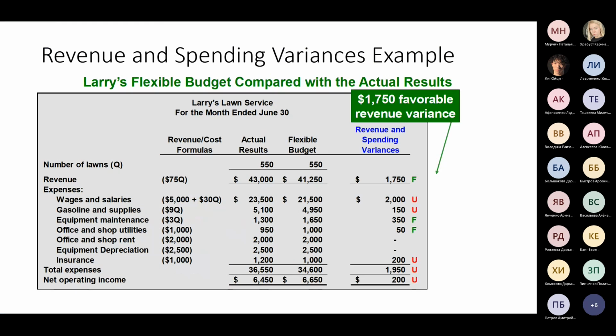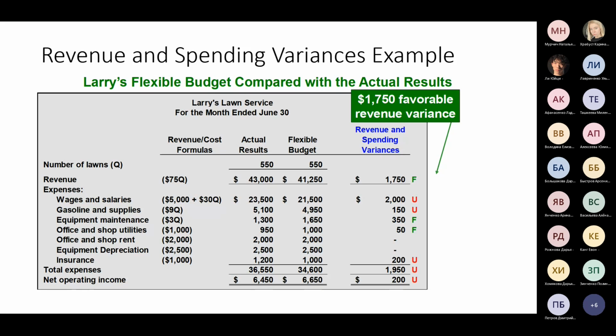And finally, our flexible budget variances are shown here and can be analyzed in comparison with the actual and budgeted levels of activity. As the numbers of loans are equal in this case, we can say that yes, Larry paid more wages and salaries than is relevant according to his flexible budget.